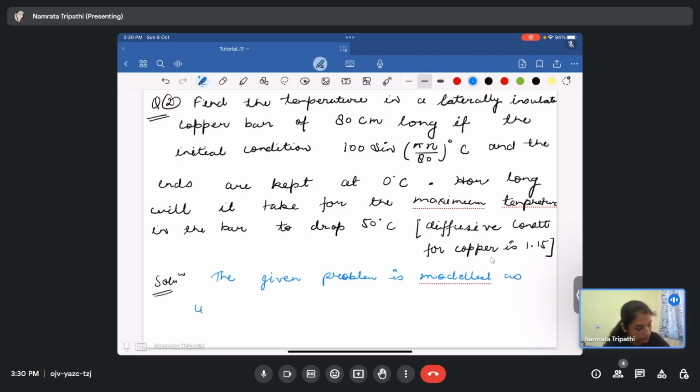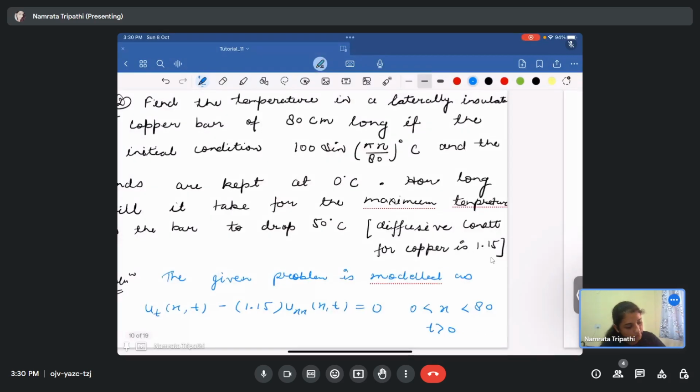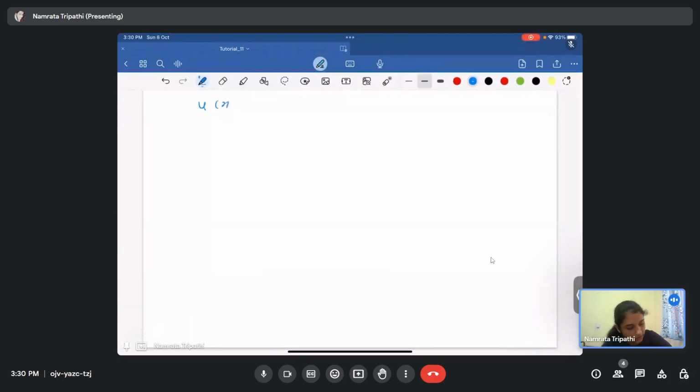I'm writing. So the diffusive coefficient constant for copper is given 1.15. C is, so it is C square. And the value of x is given from 0 to 80. L is 80 centimeter. What is initial condition?